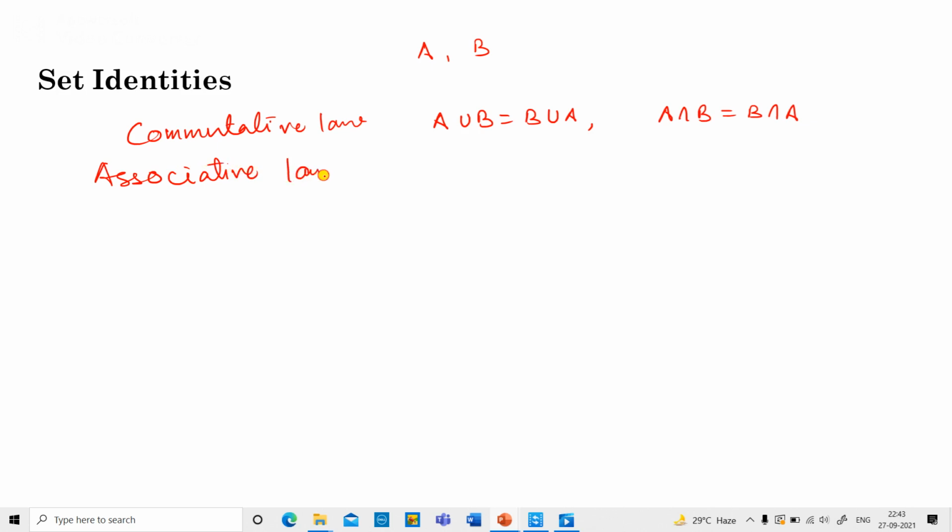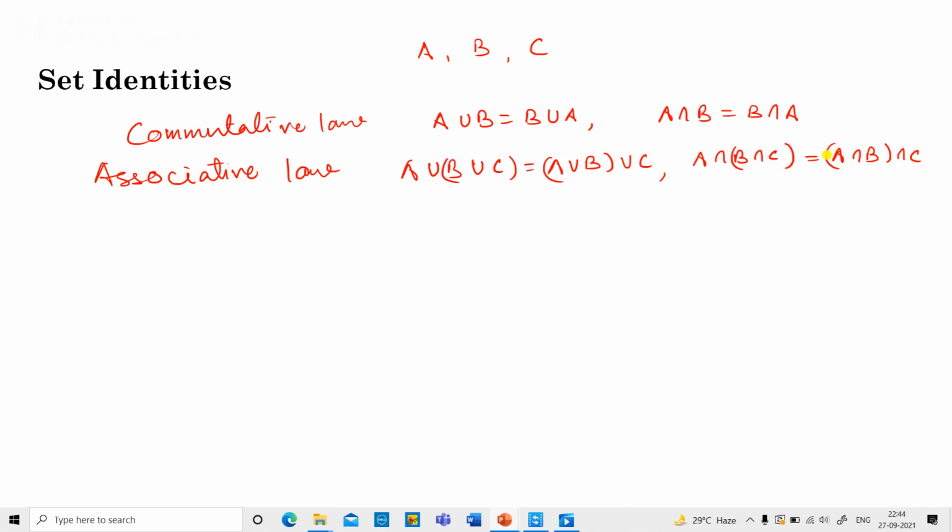Suppose another set is C: A union B union C equals A union B union C, grouped either way. Similarly, A intersection B intersection C equals A intersection B intersection C, grouped either way.